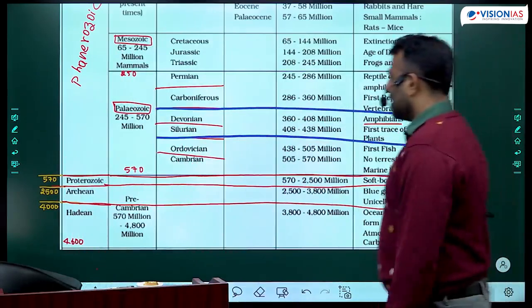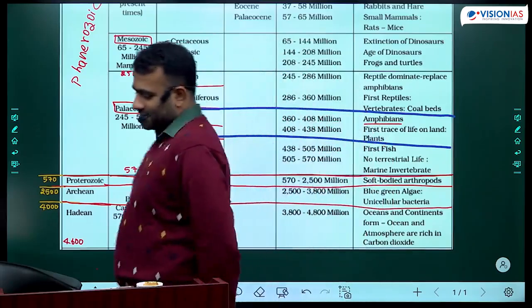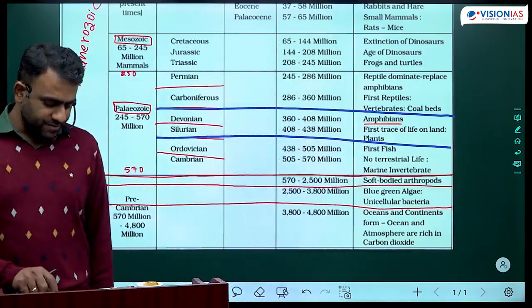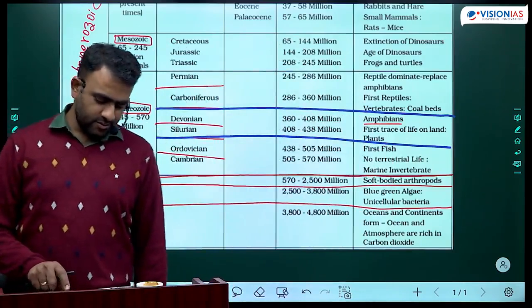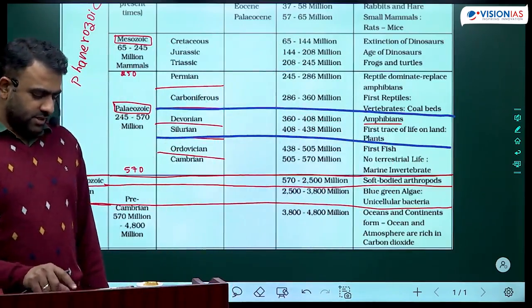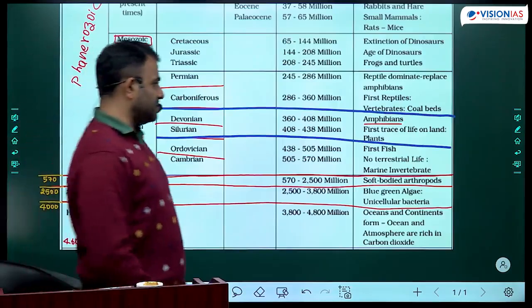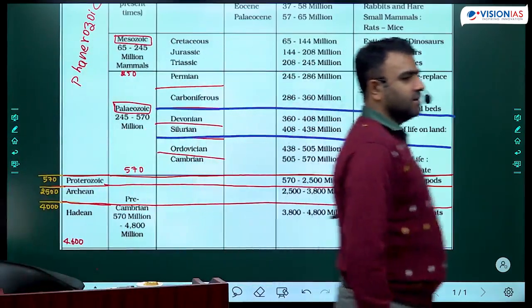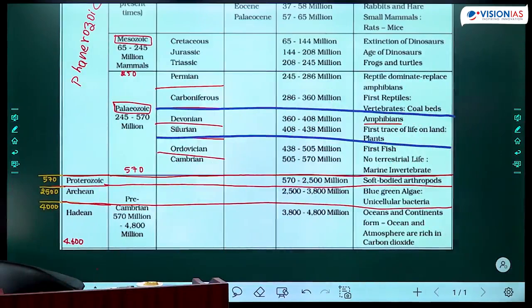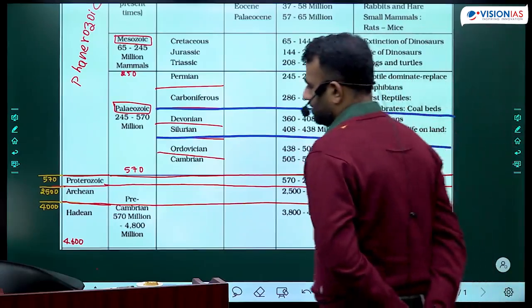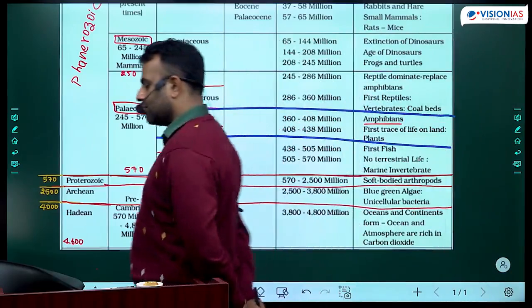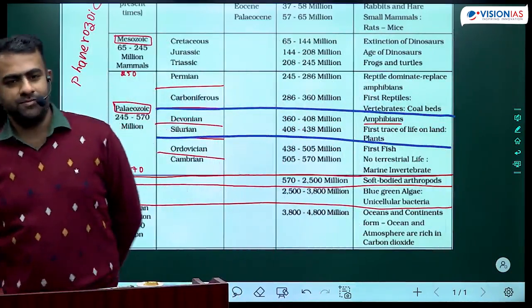Then comes the Carboniferous. The Carboniferous is known for 3 important events. The first one is the arrival of reptiles. Now, what are reptiles? Reptiles are the first animals which are known for internal fertilization.